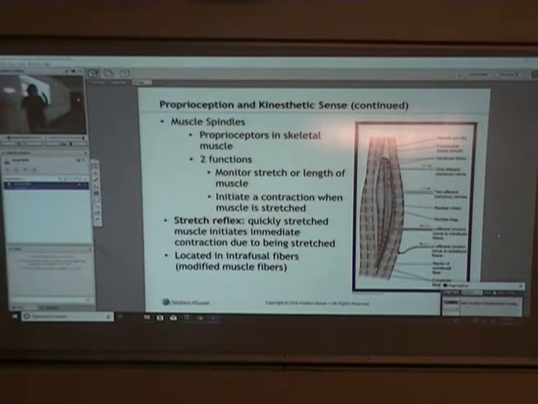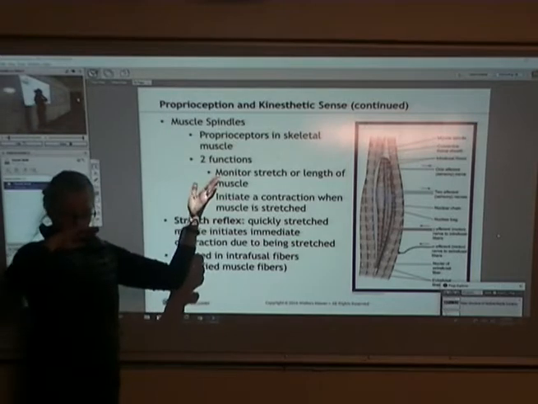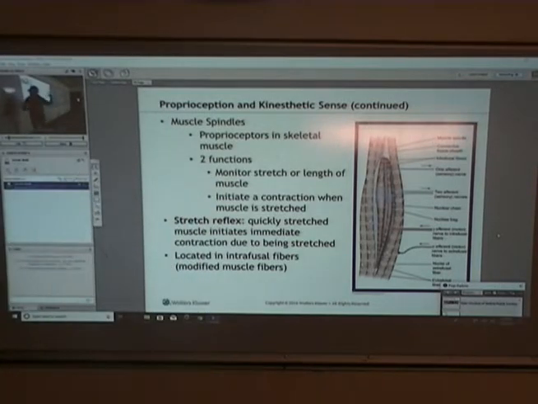So one of the functions of a muscle spindle is to protect that muscle from being torn. Right? Another job that it has is to send information to the brain about what is happening in the muscle when it initiates this move.